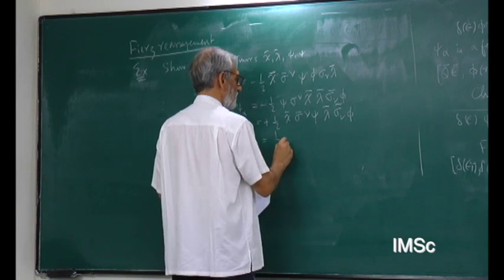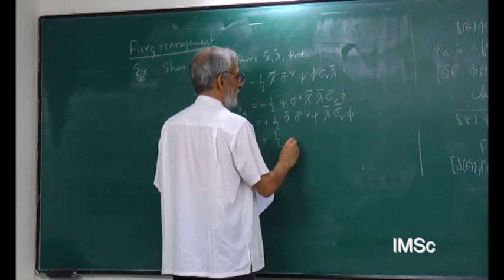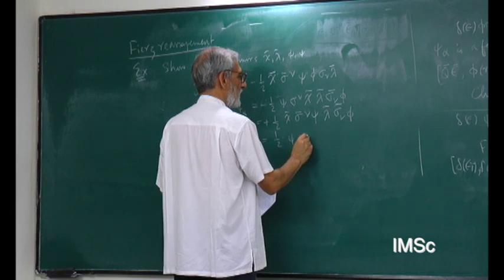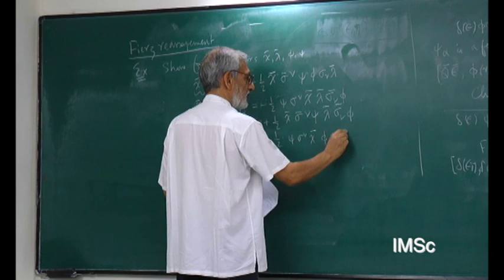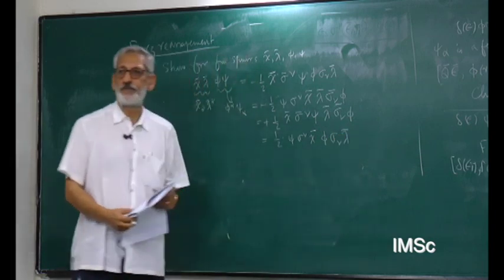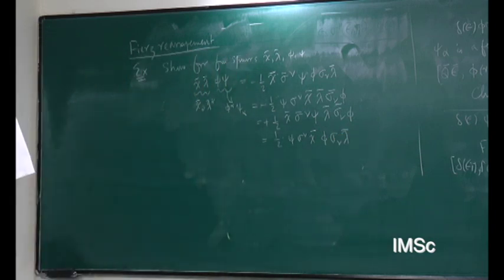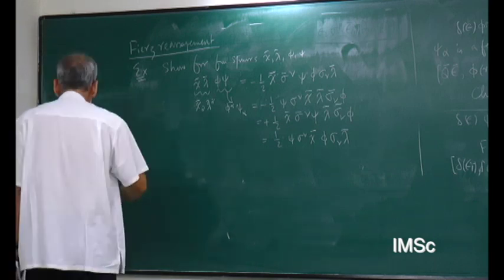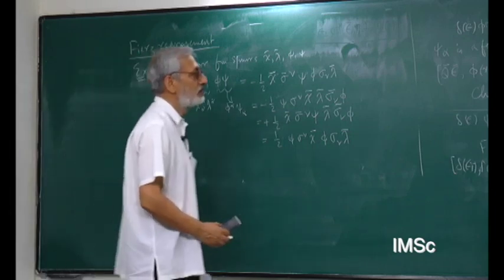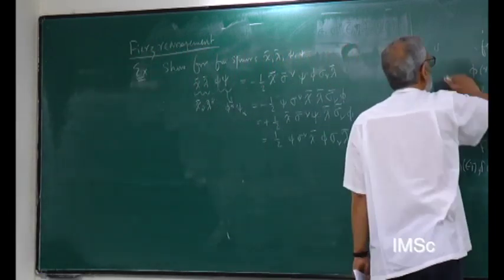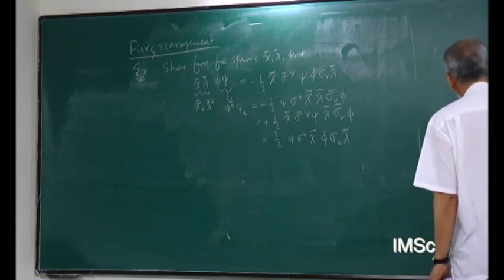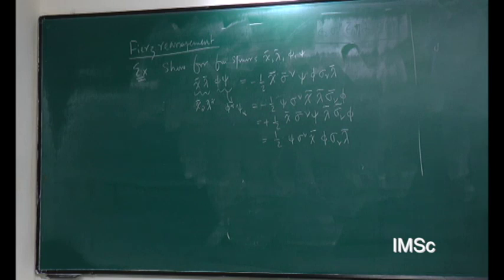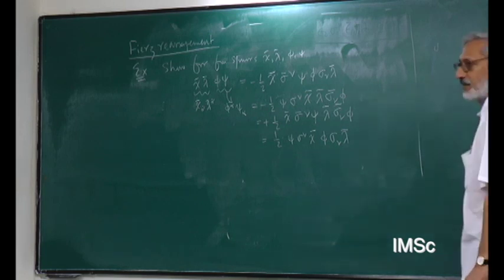That is also same as psi sigma nu chi bar phi sigma nu lambda bar. This looks a little complicated, but it's a very easy thing to prove. And the tricks to prove it we have already learned. We have mastered them.